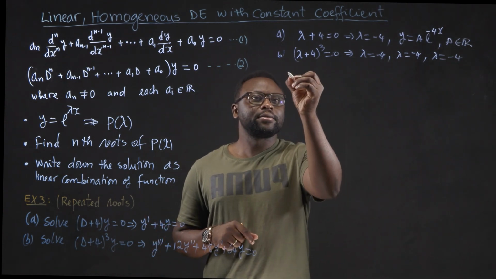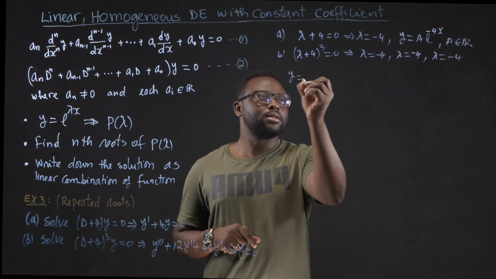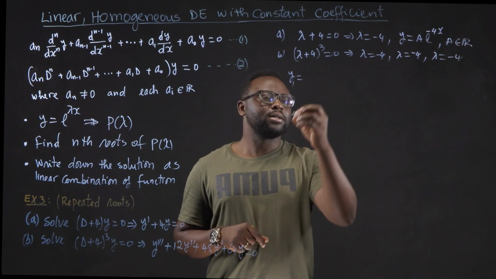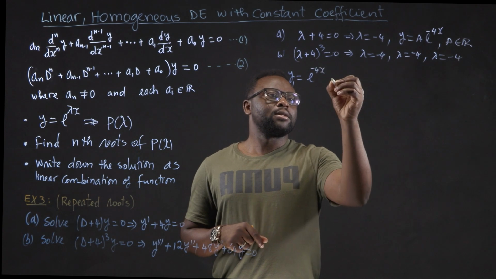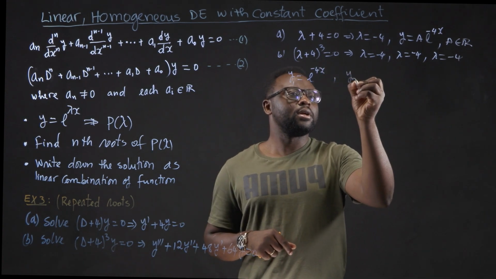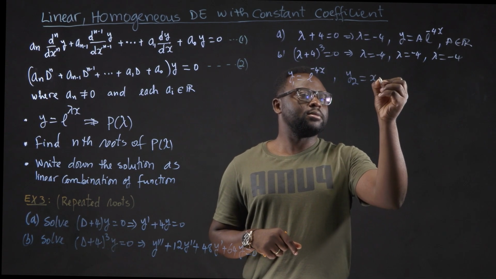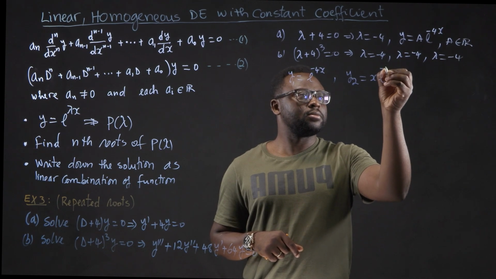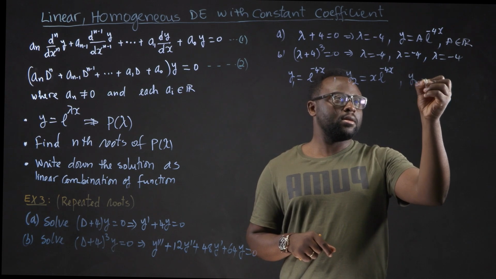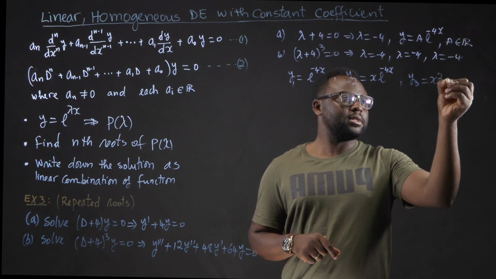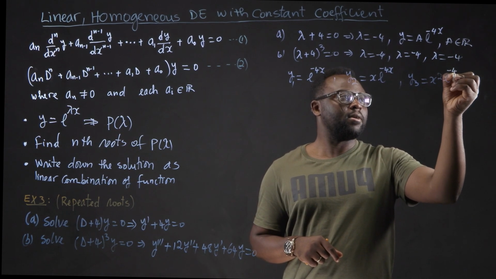So look at this. One solution, let's call it y1, is e to the power minus 4x. The second solution will be x times e to the power minus 4x. And the third solution is x squared times e to the power minus 4x.